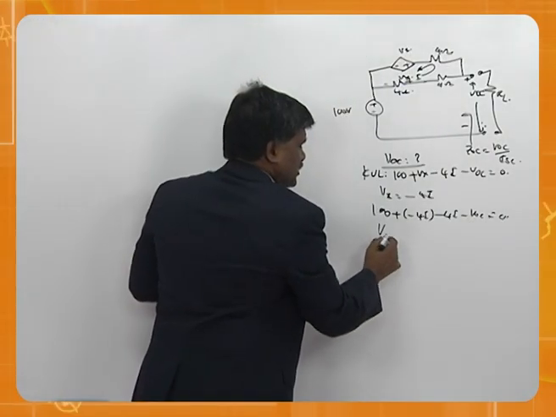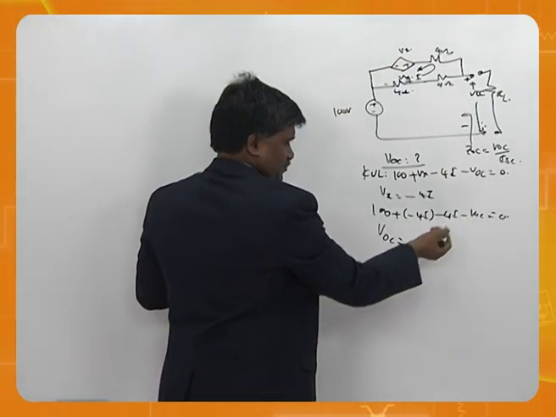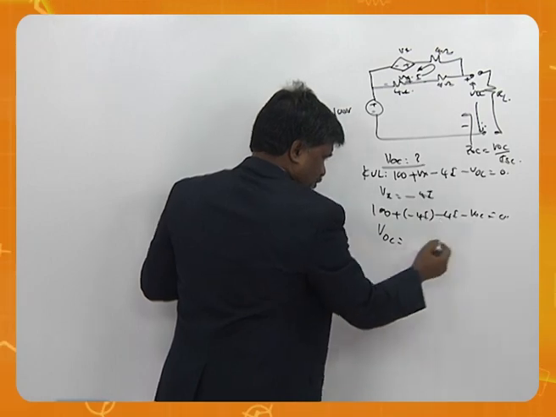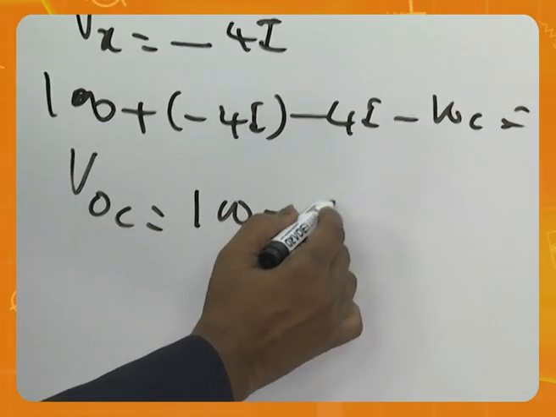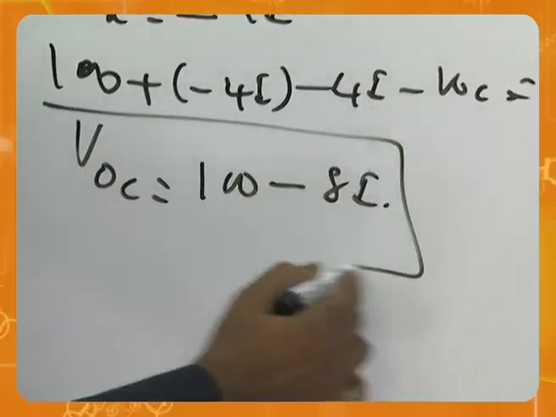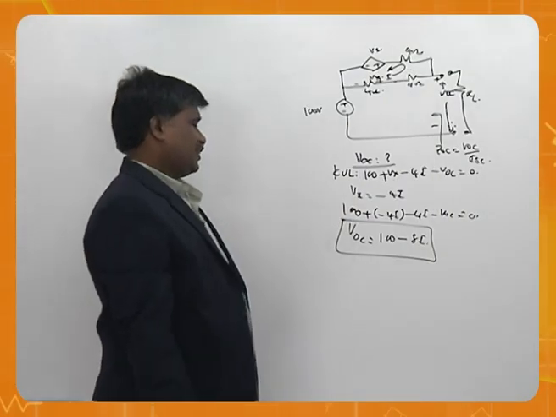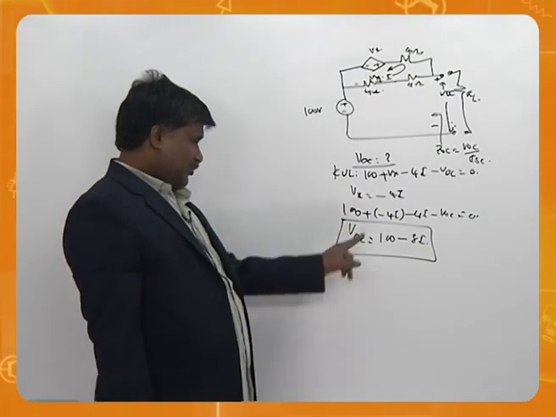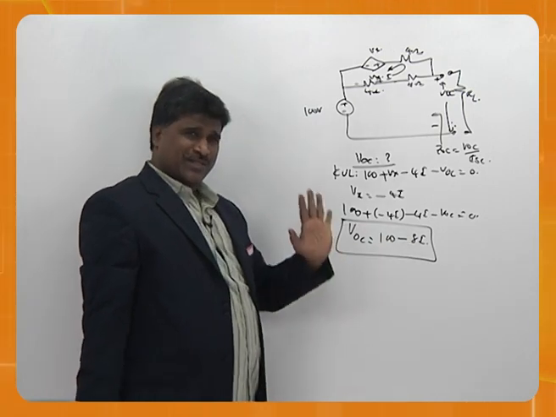That means VOC is equal to 100 minus 8I. This is VOC. Think over: if only you calculate I, the answer is ready.